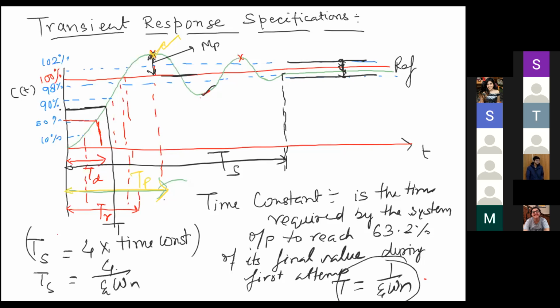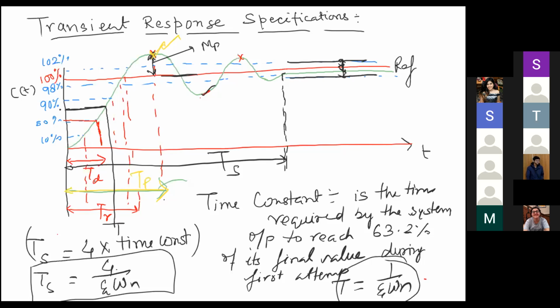So how we are going to obtain this one? We are going to discuss this, but you have to remember all these basic concepts. What is time delay? To achieve 50% of its final value is nothing but time delay. To reach its first maxima is known as peak time, and the amount of error between the reference and the output is nothing but peak overshoot.